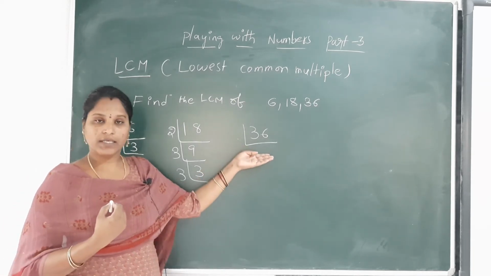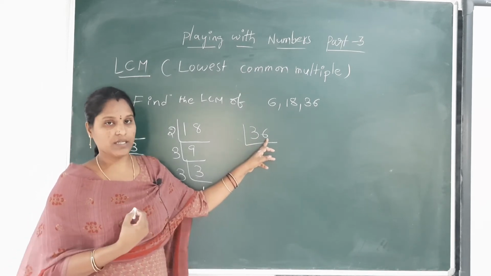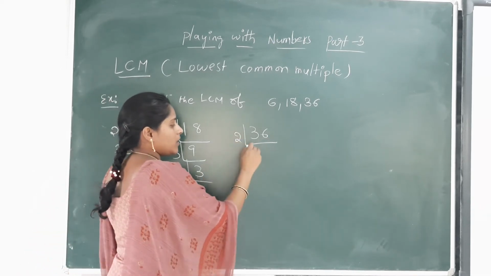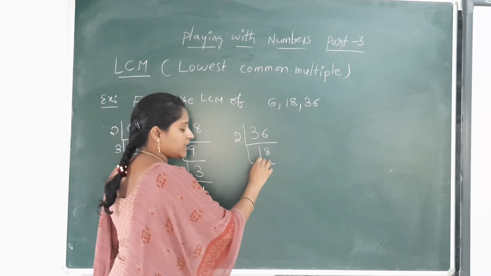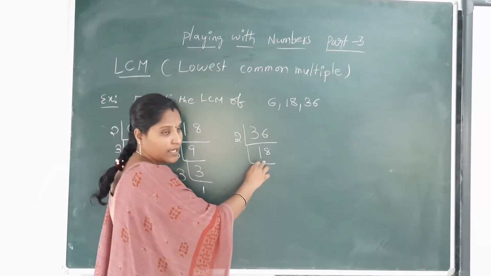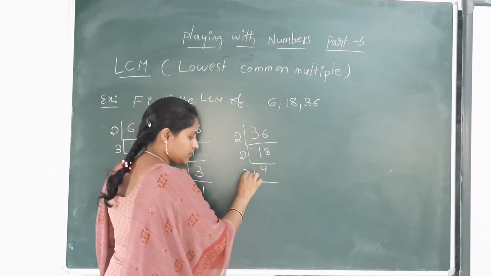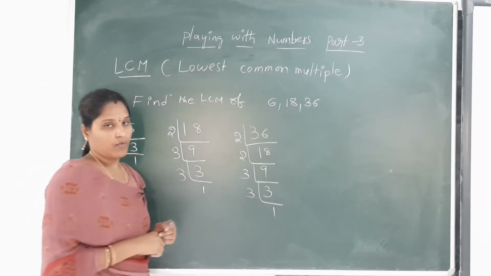That's why 36 is divisible by 2. 2 18s are 36. Again 18 is an even number, so again it is divisible by 2, 2 9s are 18. Again 9, 3 3s are 9. Again 3 is a prime number itself, 3 1s are 3.